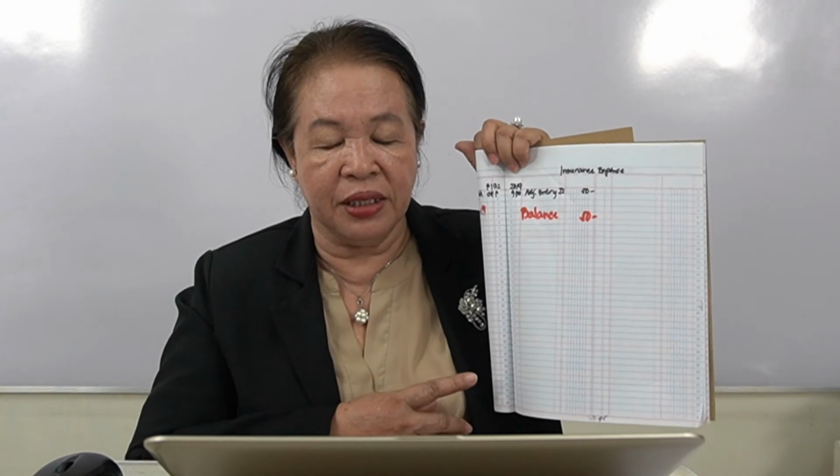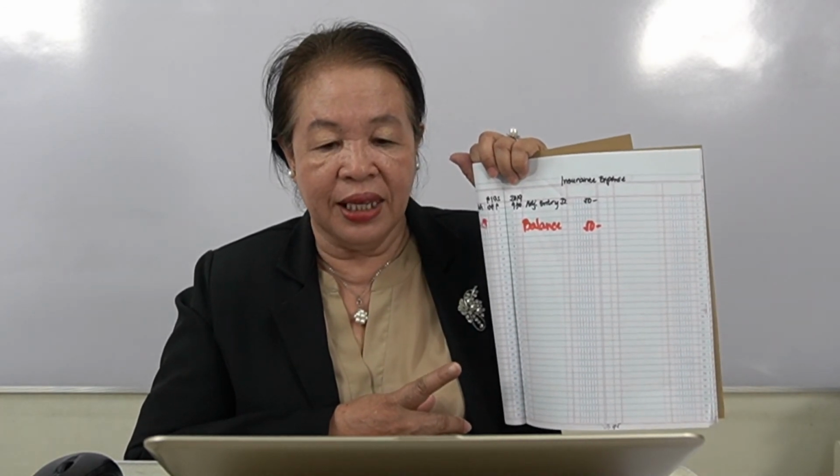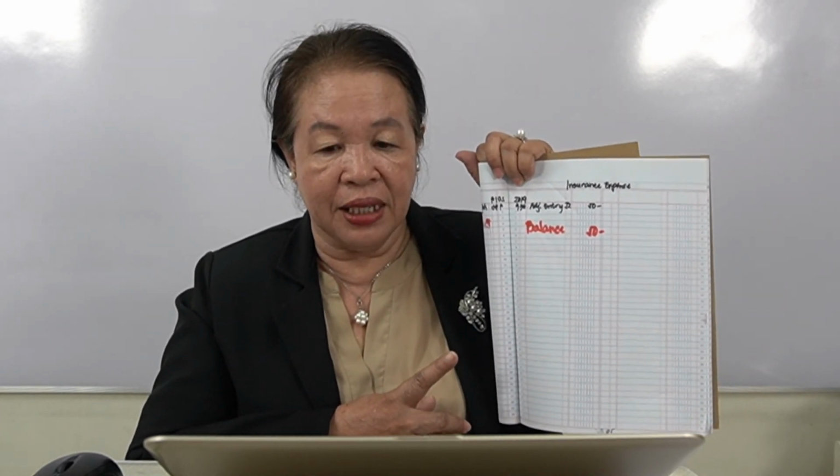And then next is the insurance expense. For the insurance expense, yung adjusting entry natin, nag-debit ng 50 kasi expense siya. Wala na siyang credit. So, yun yung balance natin for the adjusted trial balance at dadalhin natin sa income statement. Okay.